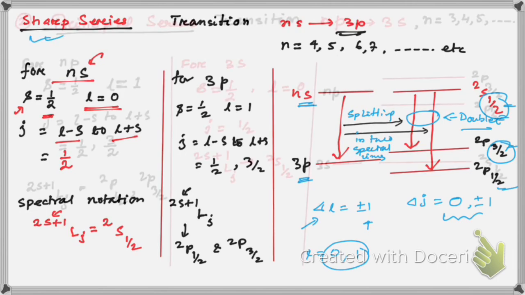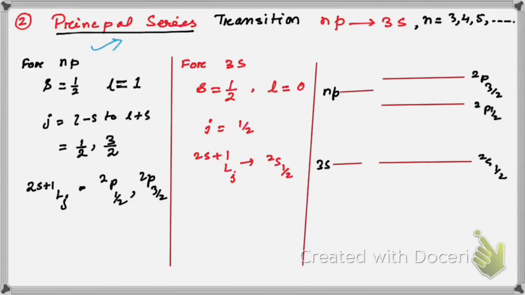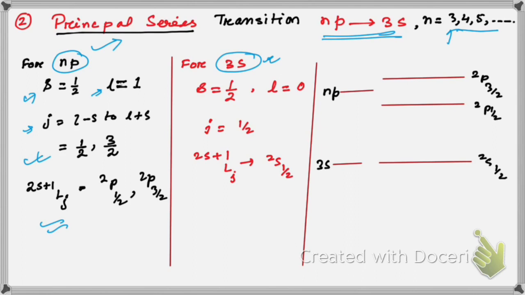Now let's go to the next series. You can see for this series, the principal series, the values of small s, small j, small l are already written here, with spectral notations for this orbital. And for this 3s orbital, this is the higher energy level in this transition from np to 3s, where the values of n are those, right? Here you can see in this case the main spectral line from np to 3s will be split into a doublet.